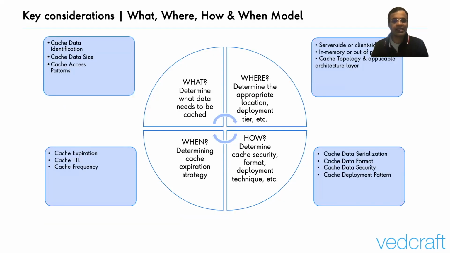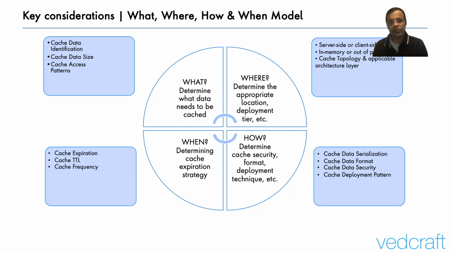So when you are considering caching, these are the four factors which you need to consider. What to cache, what data you need to cache. Before getting into the solution, you need to figure out what I'm doing with the caching solution, what data I need to cache. And then you need to figure out where to cache, which location, which component, which tier I'm caching the data.